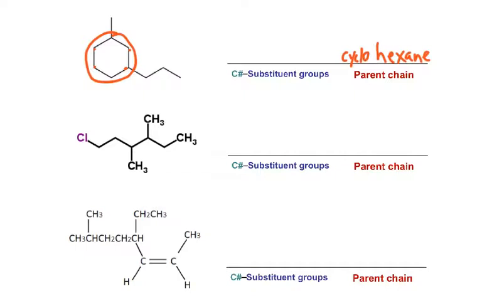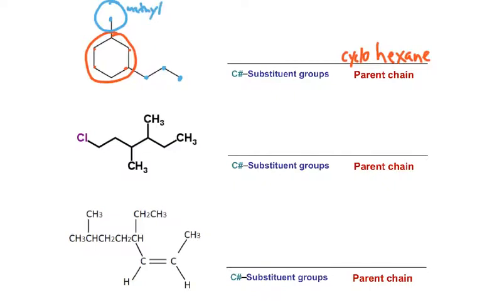Now for the substituents. I'll put my little dots on my skeletal structure here so I can make sure I don't lose any carbons. So here we have a single carbon group, which is a methyl.